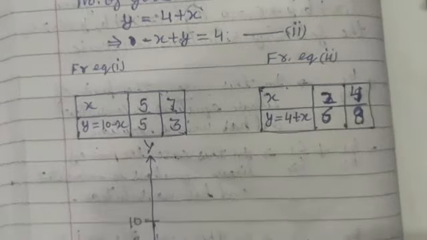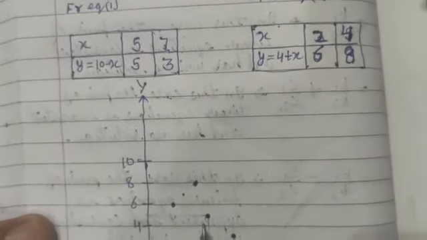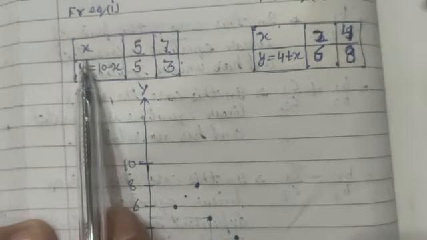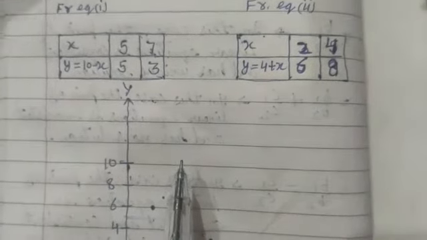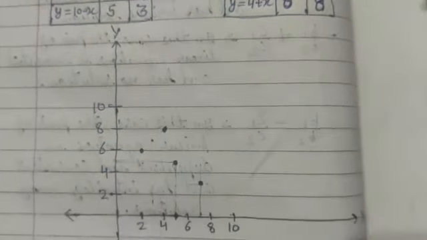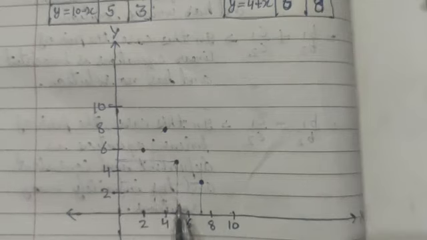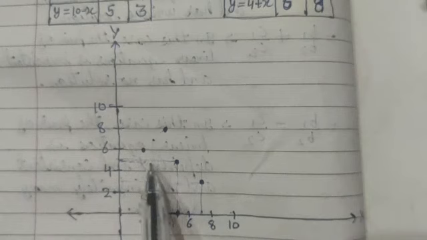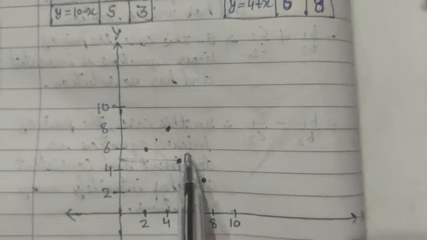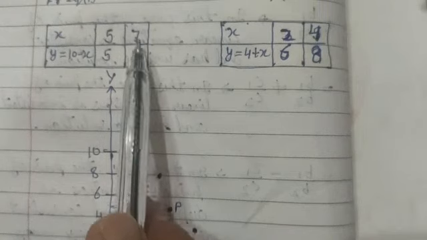Now we are drawing a graph for the first equation. This is our x-axis and this is the y-axis. Now x was 5 and y was also 5. So if x is 5, then y is 5. This is point P for us. Now the second one is 7, 3.